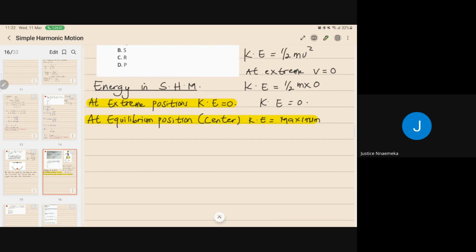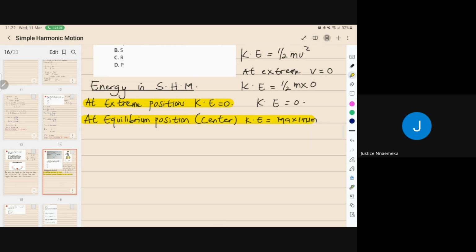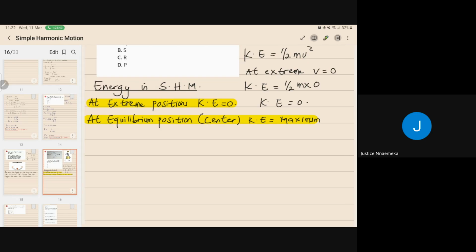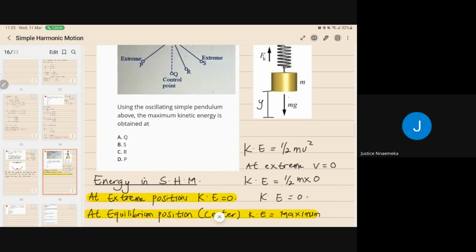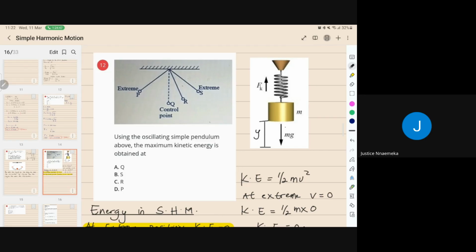Now, what happens right there? If kinetic energy is 0 at that extreme, that's where we have the highest potential energy. Let me use a spring balance, the mass on the spring. At that top part, the height has increased. Remember that potential energy is mgh, which means the more the height, the more the potential energy.